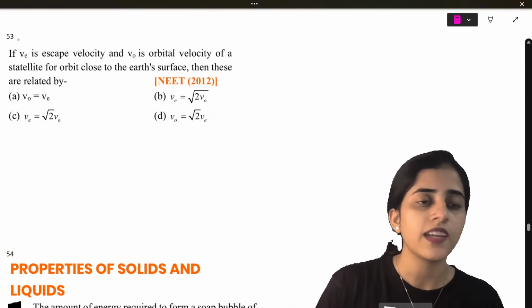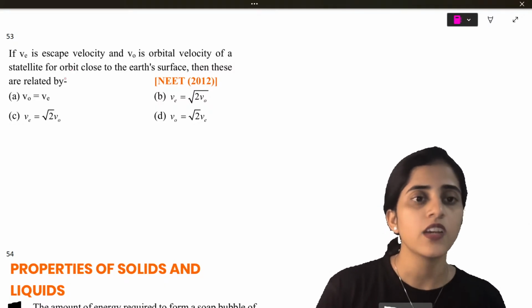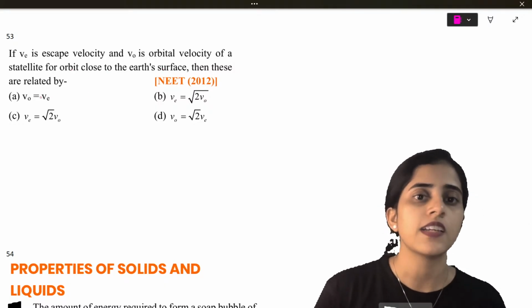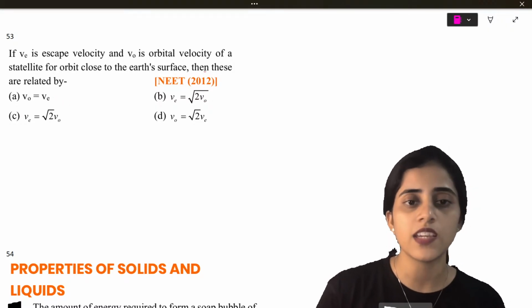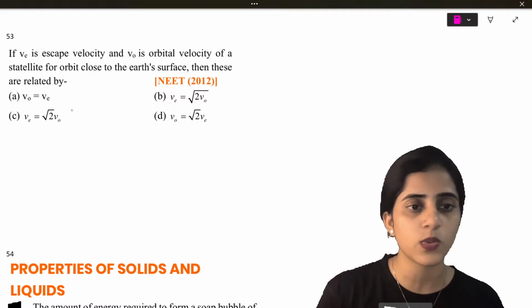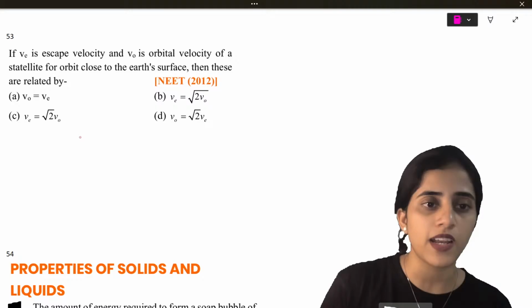Question number 53. If V_E is escape velocity and V_0 is orbital velocity of a satellite for orbit close to the Earth's surface, then these are related by V_0 equals V_E, V_E is square root of 2 V_0, or V_0 is square root of 2 V_E. So let's write down the formulas.